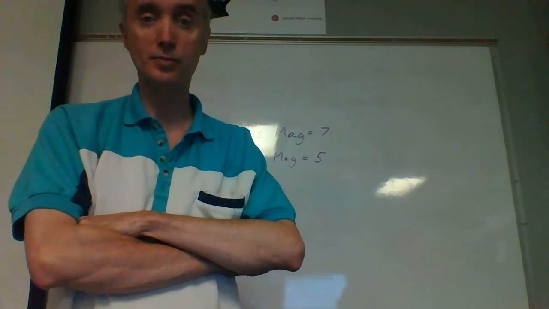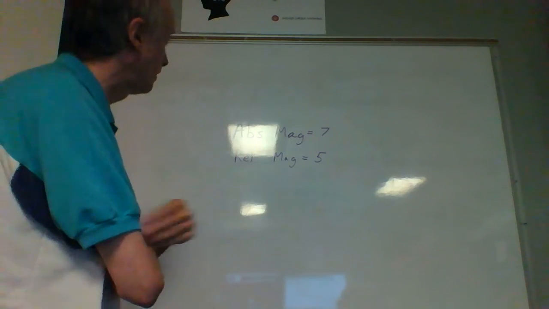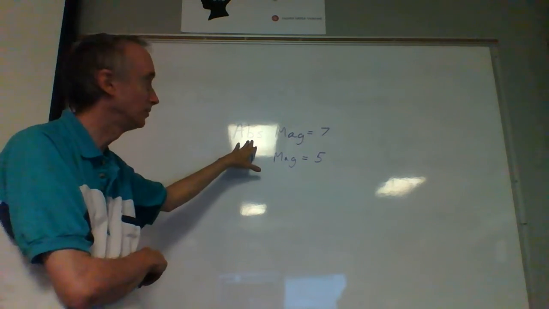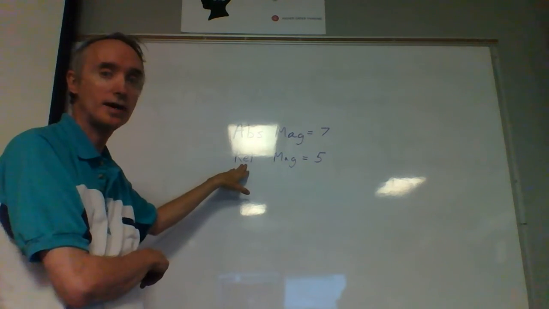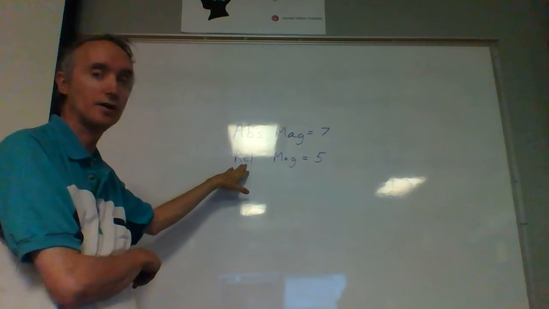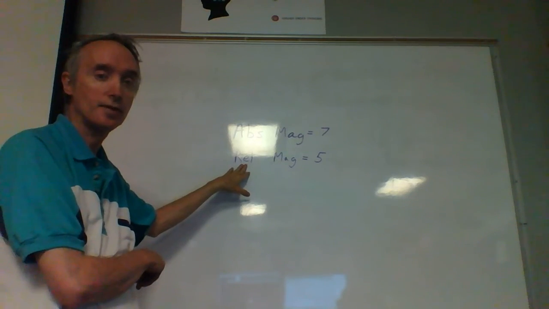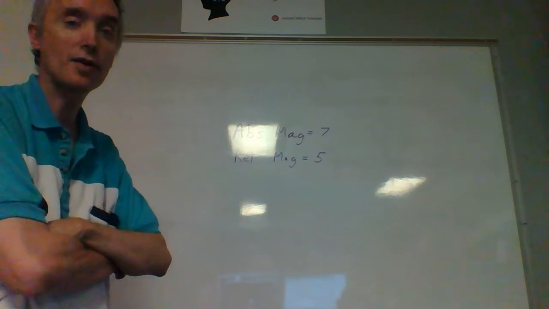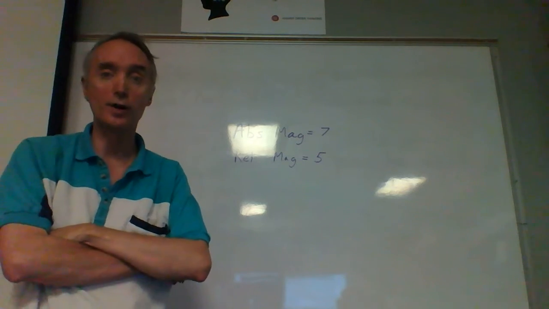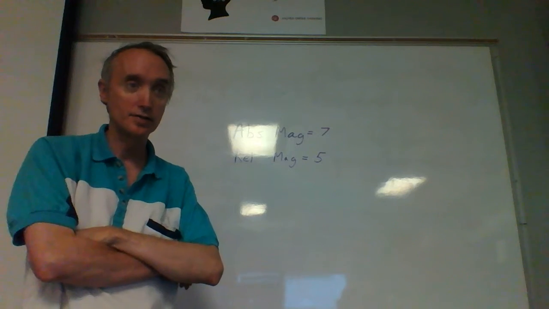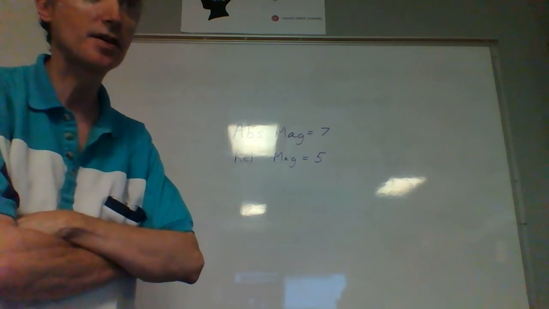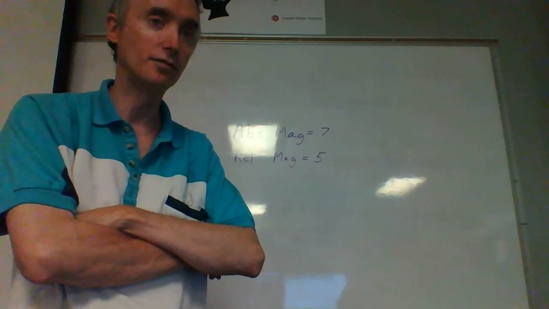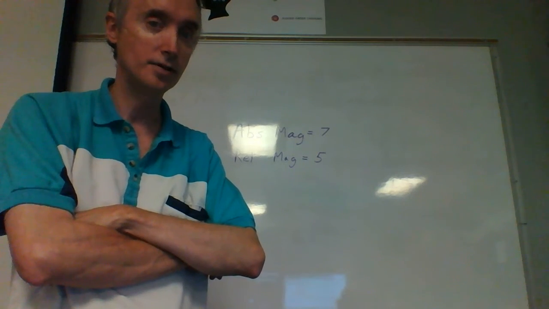So I made up some numbers. I made up that the absolute magnitude of a star is 7, and that the relative magnitude of this star is 5. And what I want to do is first use the graph to figure out how far away that star is. If you use the graph, it says absolute minus relative on the vertical axis.